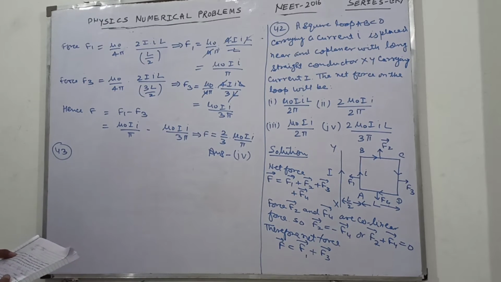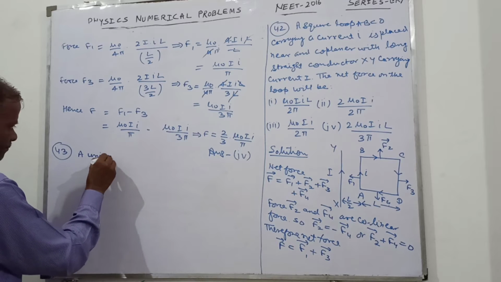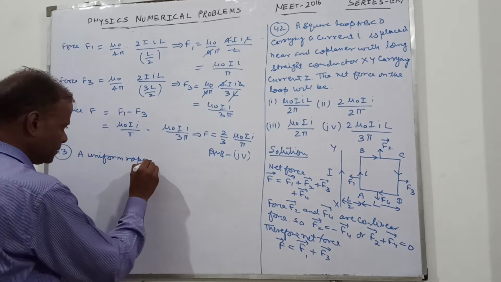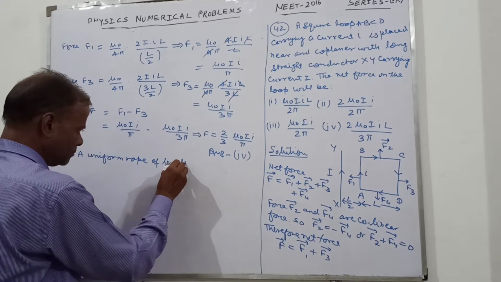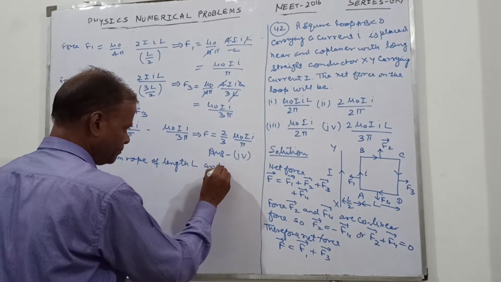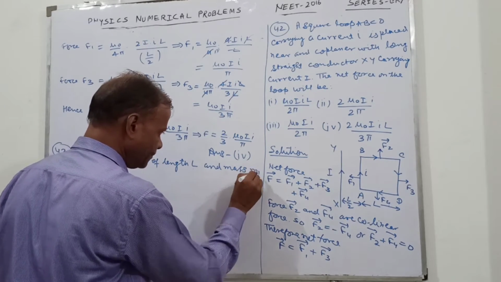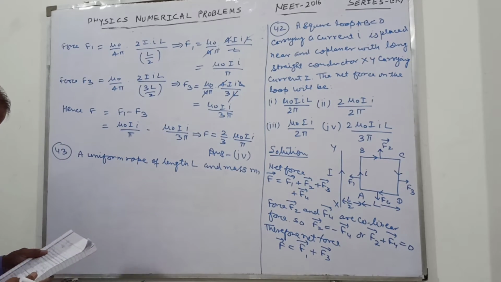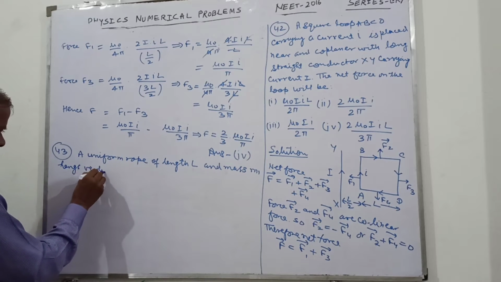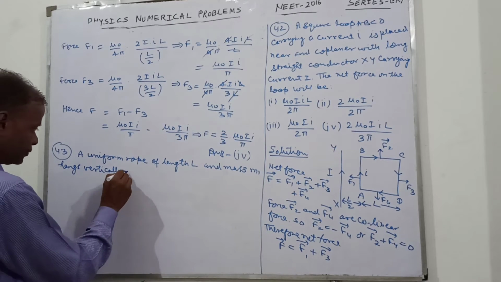43. A uniform rope of length L and mass M1 hangs vertically from a rigid support.